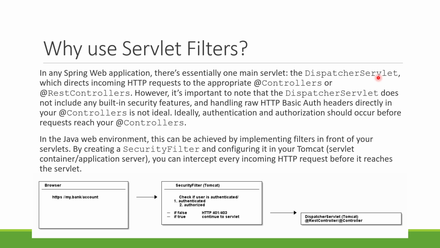This servlet is only one. And this dispatcher servlet, based on the handler mapping, redirects the incoming request to the appropriate controllers or REST controllers. And as we know, inside the dispatcher servlet, there are no built-in security features, because that's not its task.